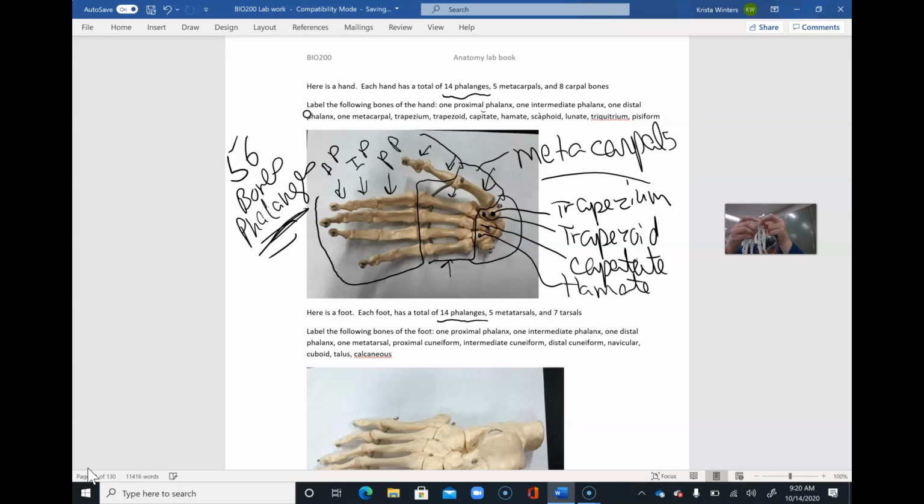If we go then to the top row, you have a scaphoid, this one right here. I'm going to move it down here. You have a bone right here called the lunate.